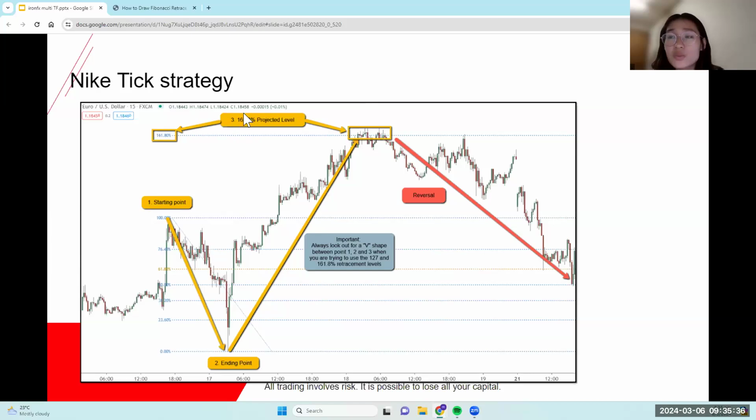Our 161.8 is the projected level at which we are expecting price to reverse off of. You can see that's what happened here. That's basically what we are looking for: any reversals off of either the 127.2 or, like we see here, 161.8.